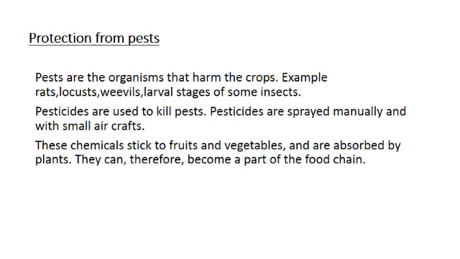Pesticides are the chemicals which can be sprayed manually or with the help of small aircrafts in large fields. These chemicals should be used in minimum amount because they stick to fruits and vegetables and are absorbed by plants and can become part of the food chain.